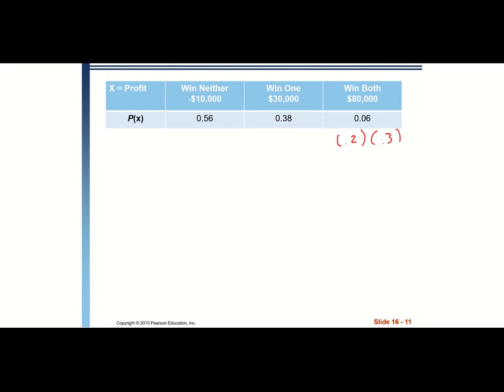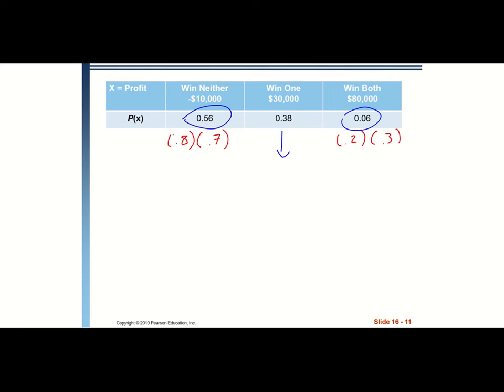Losing both or winning neither, if there's a 20% chance that it wins the first, it means there's an 80% chance that it loses. Same thing with the second, 30% it wins, so 70% chance that it loses. Now, in the middle, once we have these two values, we can just figure out what's in the middle by adding those two together. We'd get 62% and subtracting from 100, because this needs to total 100%.